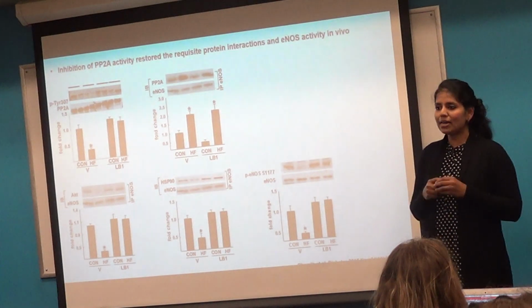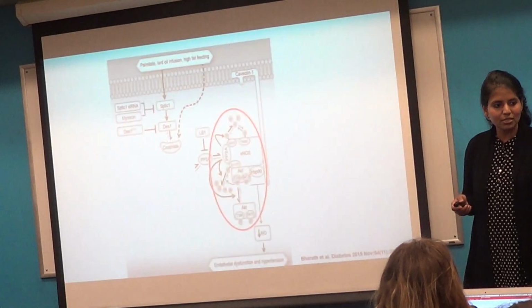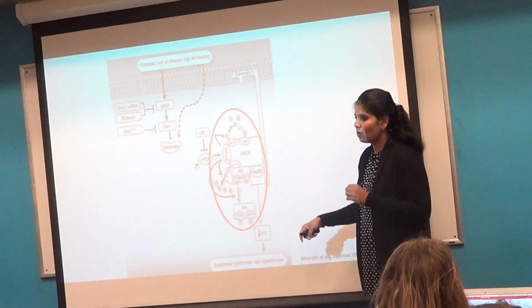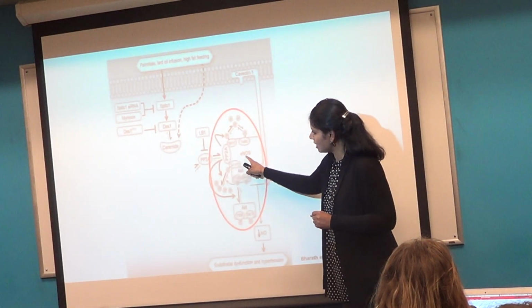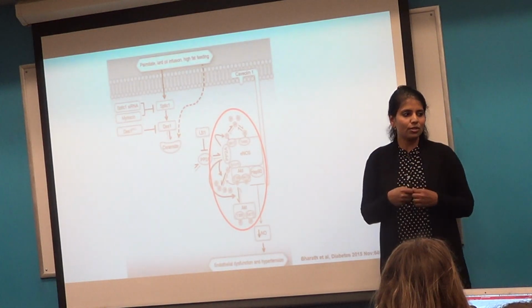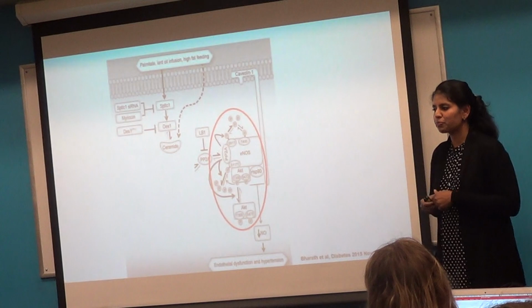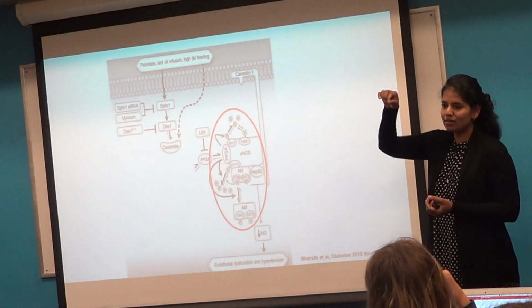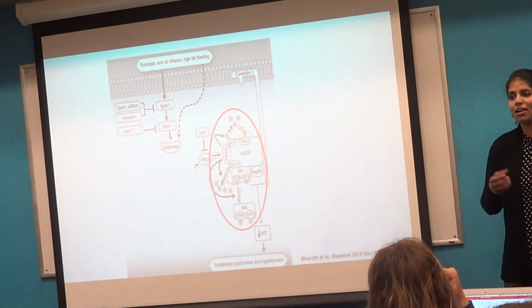Now, we had a suspicion based on this kind of interaction. We wanted to see really physically whether eNOS and PP2A interact. Are they sitting together in a high-fat diet? There's a technique called immunoprecipitation. So you pull out one protein and then you see what all is coming along with it.